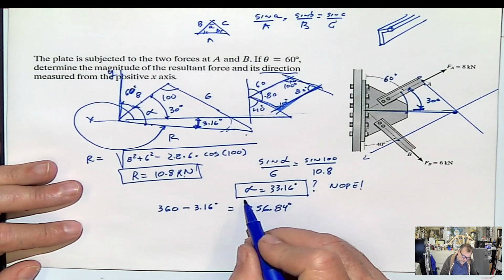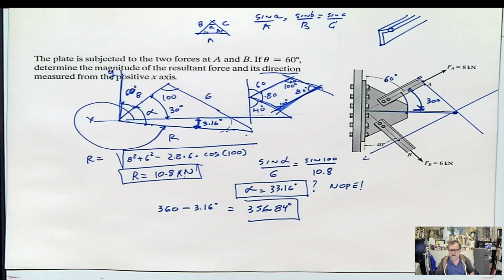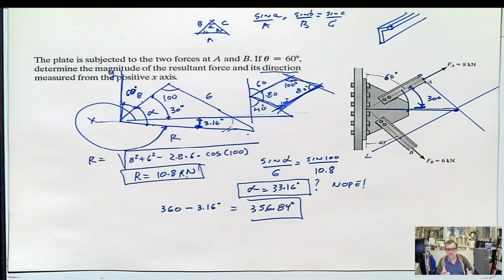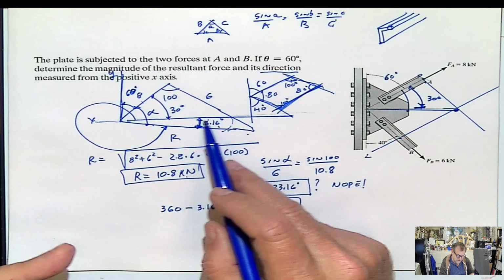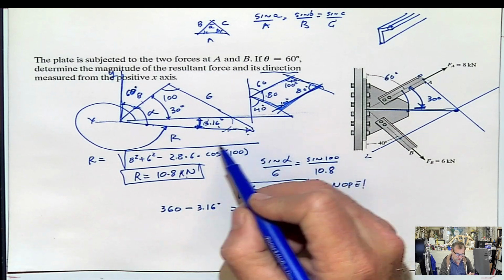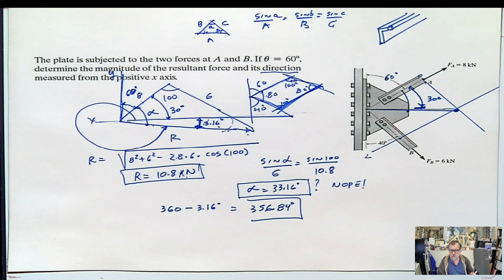So be very careful. It's a matter of semantics, but it's important because depending on how picky your professor is, you're going to have troubles. If you say 3.16 and you give me the drawing and say this is the way the resultant force is oriented with respect to the x-axis, okay, cool, you got it right.